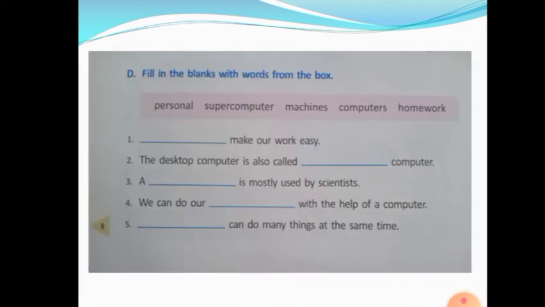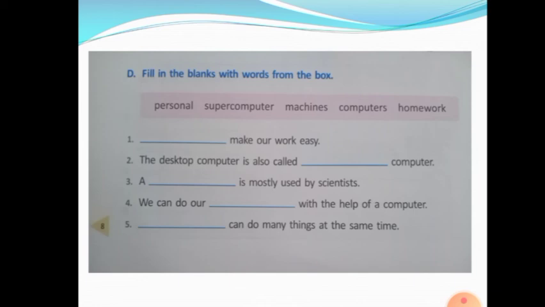So the next one, fill in the blanks with words from the box. We have to select the suitable word from the box for each blank. Before that, shall we read the options?